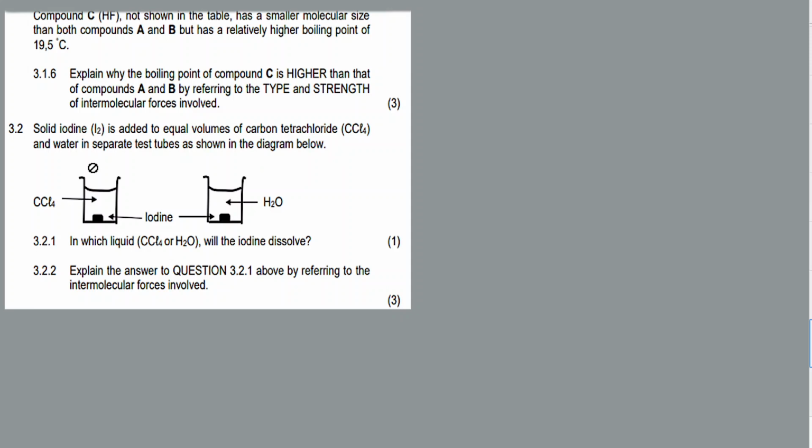So the first test tube has carbon tetrachloride, and the other has water. In both test tubes we put iodine. In which liquid, tetra or water, will the iodine dissolve?